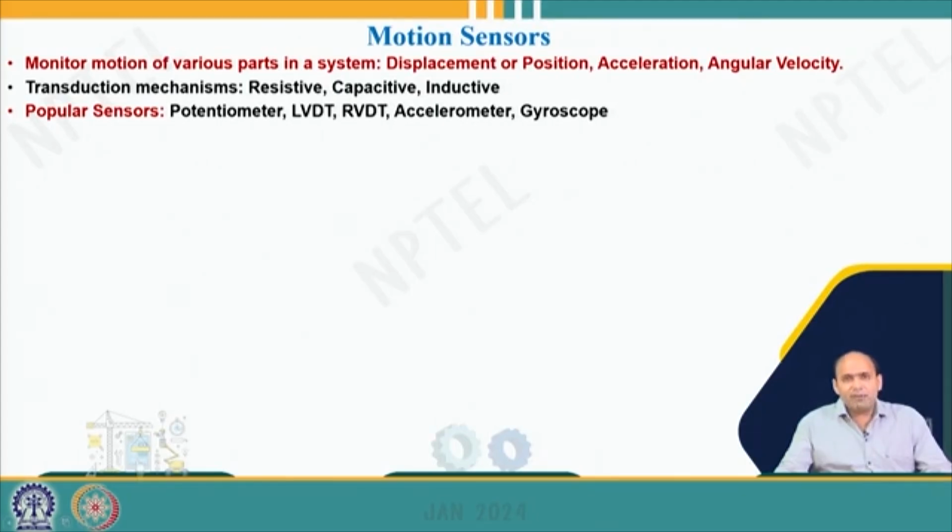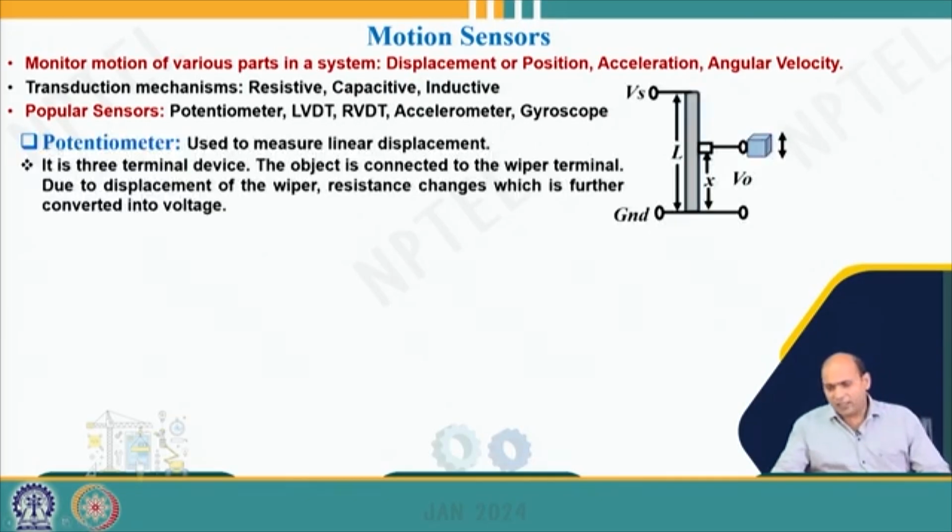Then we have the LVDT, that is also used for measurement of displacement. Then we have the RVDT; LVDT is for linear position and RVDT for angular position. And then we have the accelerometer for sensing accelerations, the gyroscope for sensing angular velocity and so on, right. So, first let us start with the potentiometer.